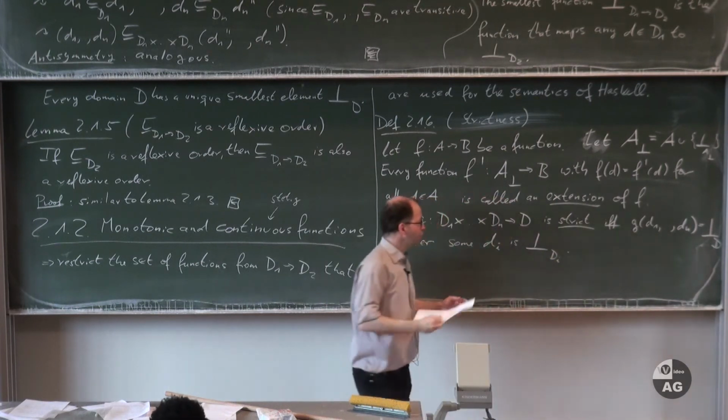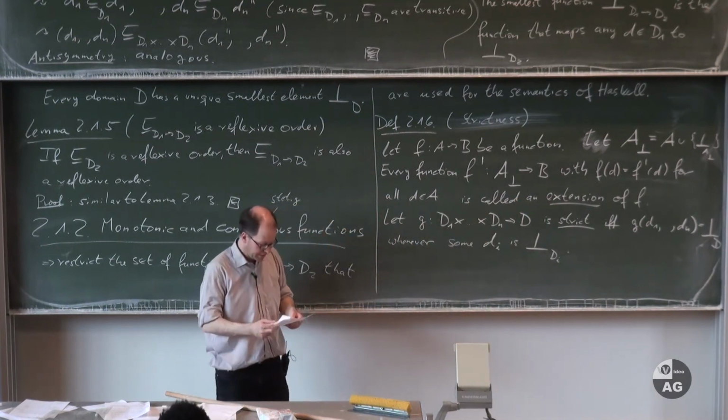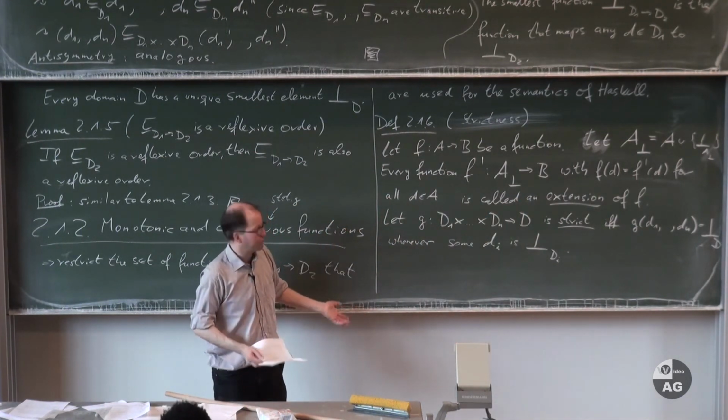So it's sufficient to have one argument undefined, and then g immediately returns bottom. If this is the case, then we say the function is strict.